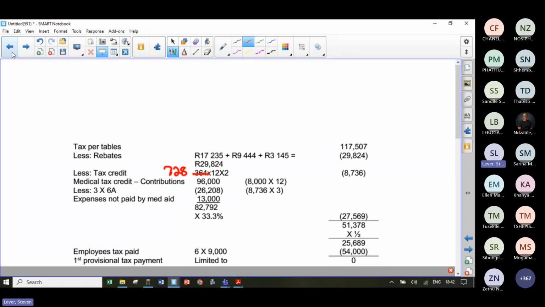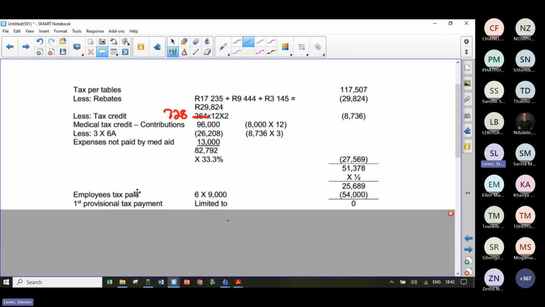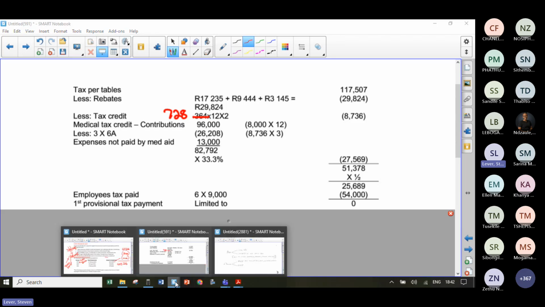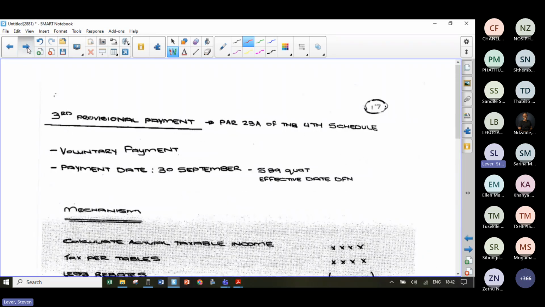You're going to work out your basic amount, less your rebates, less your tax credits. Okay. Times by half because it's only for the first 6 months, less your employee's tax, and that's going to give you your payments. Now, guys, these calculations, I've given you a summary page for.